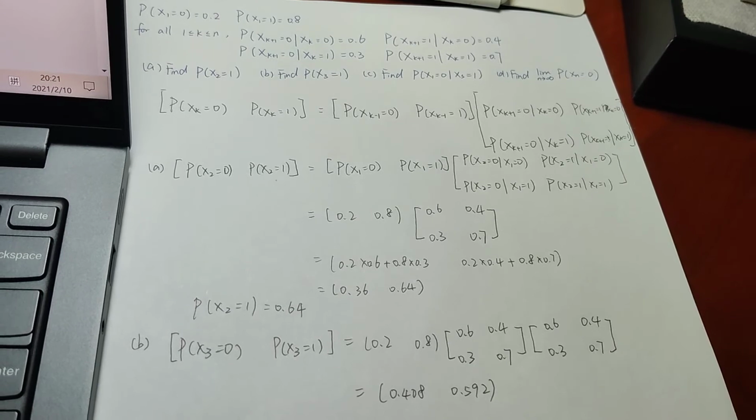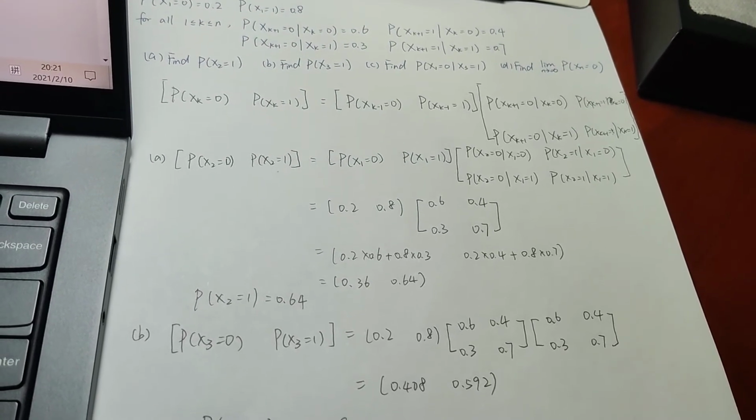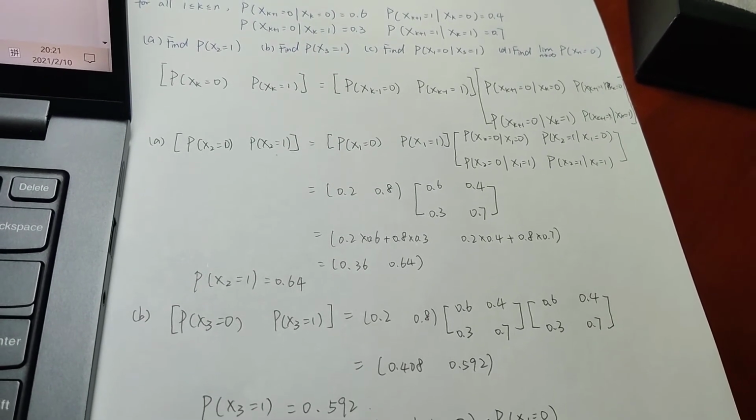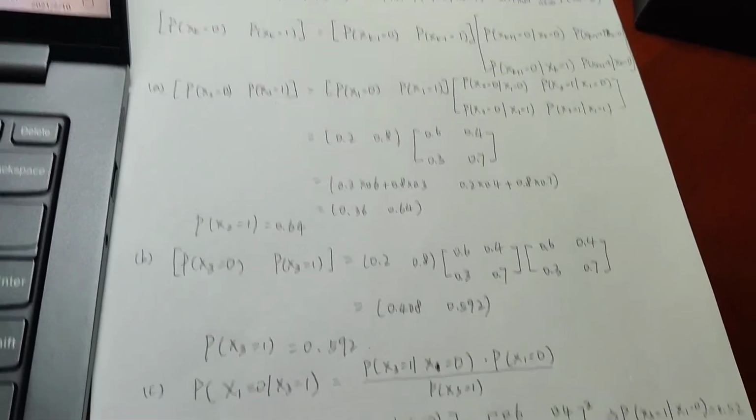And question D. Find the probability of xn equals 0 when n goes to infinity.